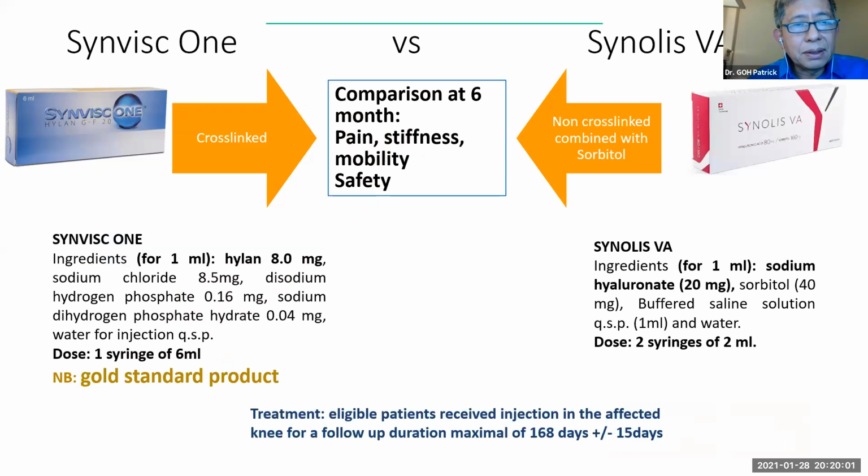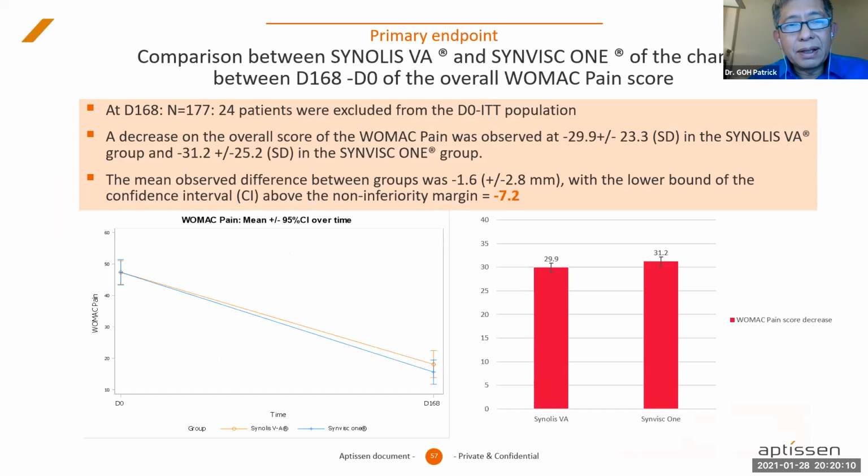It was a comparative study, with the comparison point at 6 months. The idea was to compare Synolis against Synvisc-One, the gold standard. The result pretty much showed that they were quite similar, even bearing in mind that Synvisc-One has a higher volume than Synolis VA. And we know that there's a volume effect, because when you inject a placebo, just a volume of saline, you already start getting an effect.